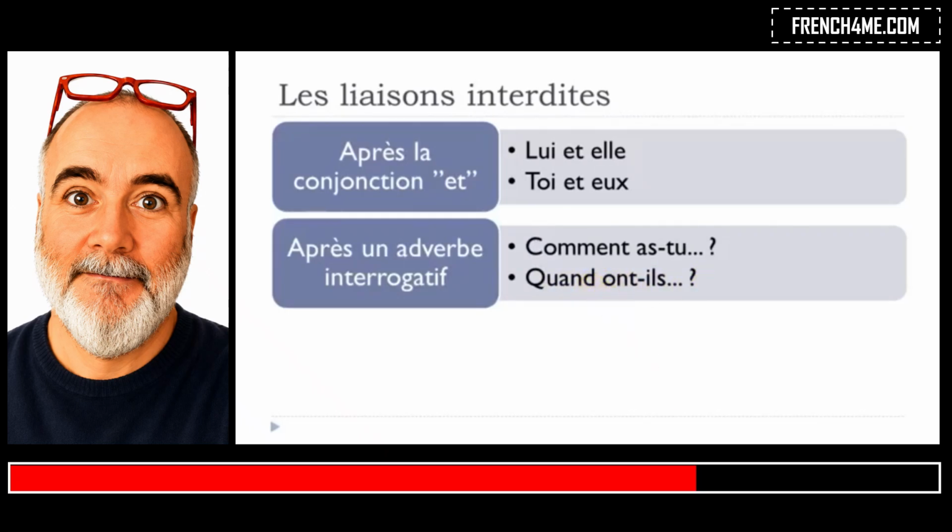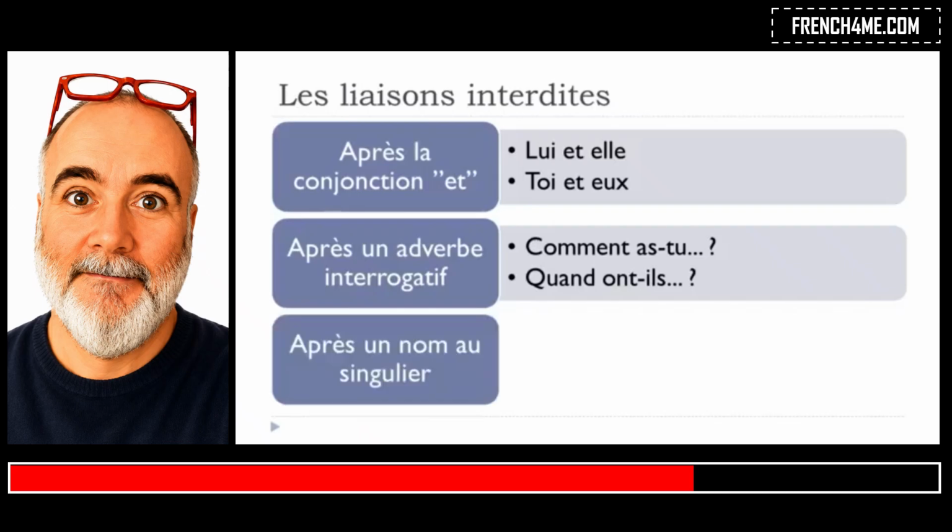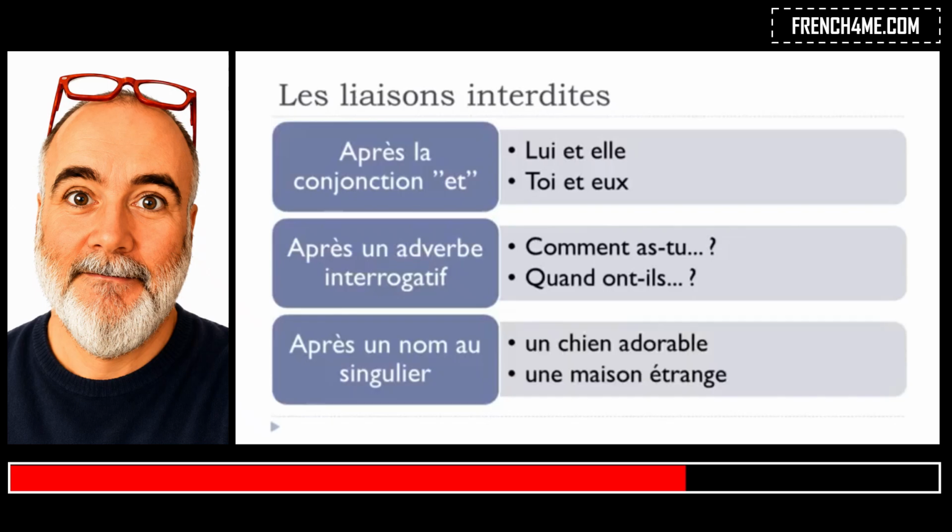Okay, it was the second rule. And then remember that if you've got a noun, and if this noun is in the singular form, then you shouldn't make the liaison. Like here, for instance, un chien, a dog, adorable. Here it would be tempting to do it, but no liaison, so un chien adorable.